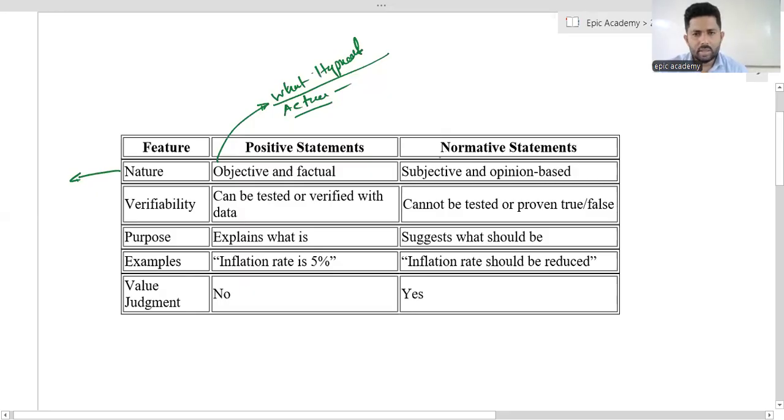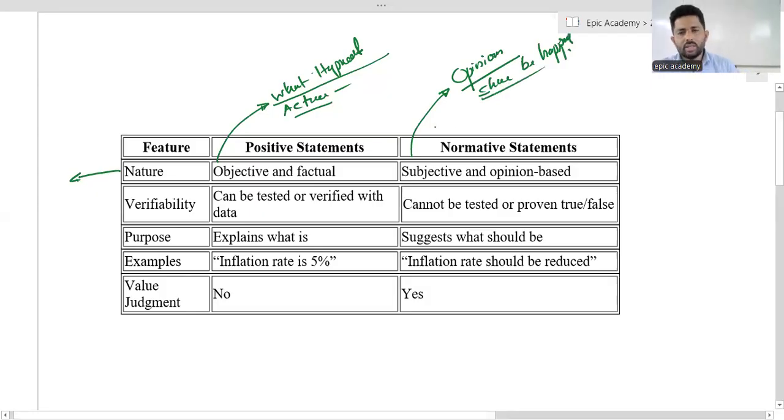But the normative statement is based on the subjective, I mean, on opinion. The person thinks this should happen in the economy, but the actual situation is that it still doesn't happen.